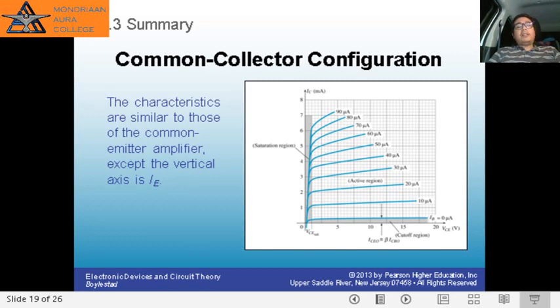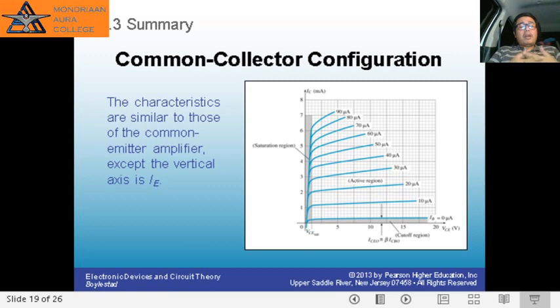Halimbawa, meron tayong load na mababa ang impedance. Isang example nito is yung mga speaker natin. Normally, mga speaker nasa 4 ohms, 8 ohms, mababa yung impedance. Kapag kinabit natin siya direkta sa isang amplifier ng walang impedance matching device, magkakaroon tayo ng tinatawag na loading effect. Yung loading effect, ito yung pagbaba ng signal or ng voltage natin dahil mababa ang ating load.